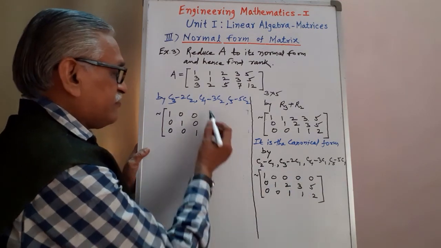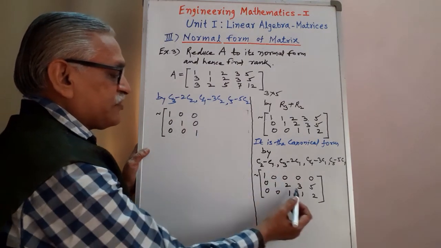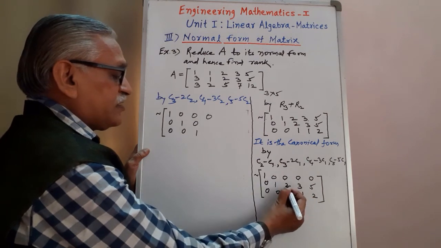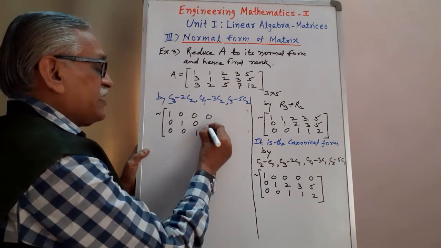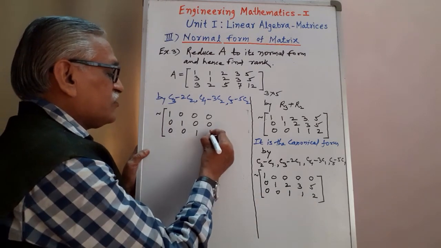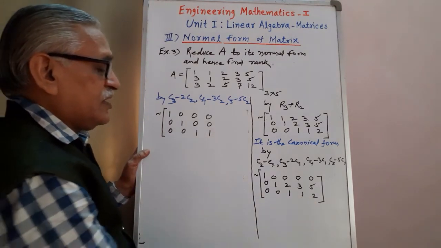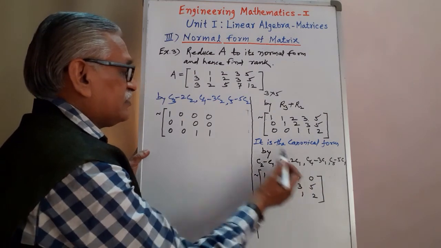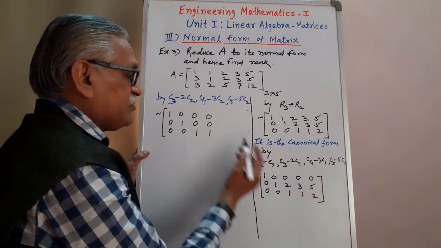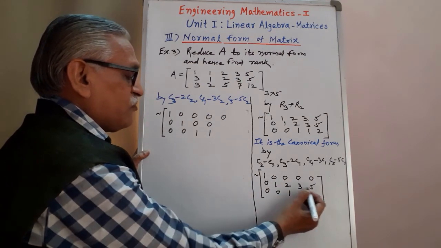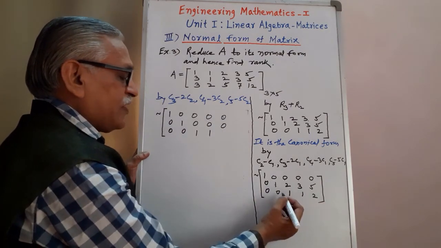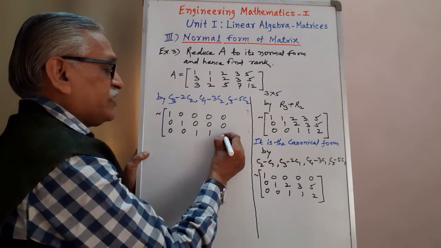Then applying C4 minus 3 times C2: 0 minus 3 times 0, 3 minus 3 times 1, 3 minus 3 we get 0, 1 minus 3 times 0, 1. Next, C5 minus 5 times C2: 0 minus 5 times 0, 5 minus 5 times 1, 5 minus 5 we get 0, and 2 minus 5 times 0 we get 2.